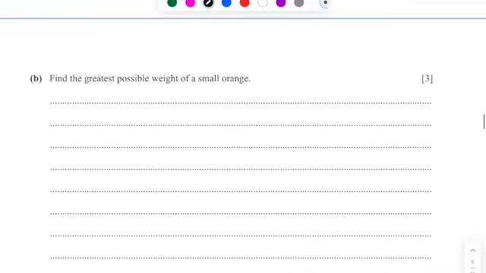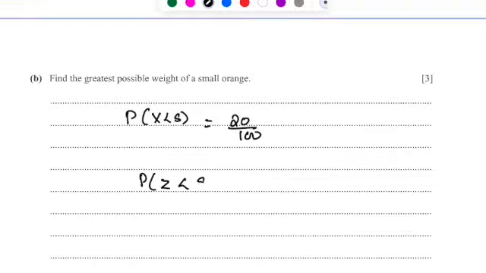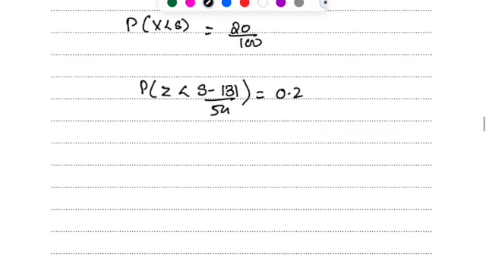Find the greatest possible weight of the small one. So probability of x less than small equals nothing but what? 20%. So probability of z less than s minus 131 divided by 54 equals 0.2. But this 0.2 is not there in the table. If at all it is not there in the table, what am I going to do? Subtract from 1, so it will become 0.8, and swap this.